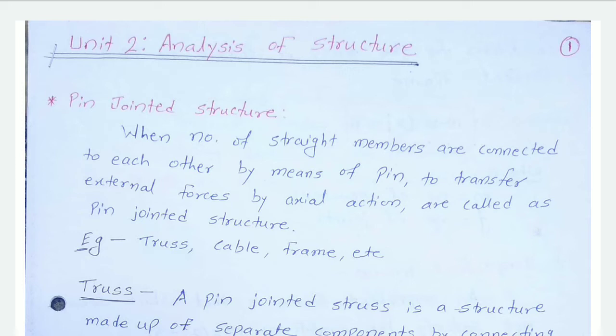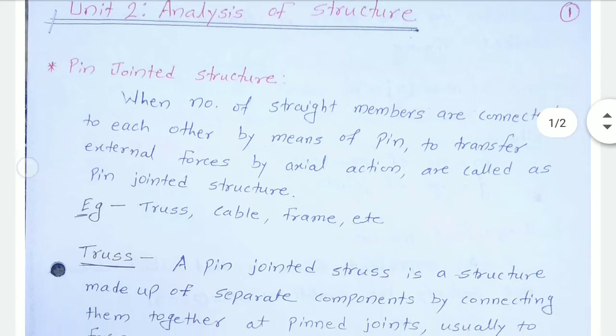Obviously, straight members are there, so axial action is there, and so it is called a pin jointed structure. In a simple way, a structure joined with pins is nothing but a pin jointed structure. Examples of this are trusses, cables and frames, and we will see all these three types in this unit one by one.